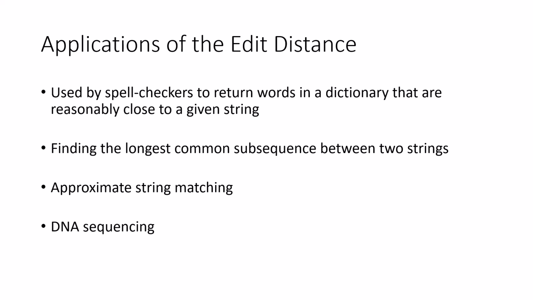And then another application is in DNA sequencing. So in biology, you are probably aware of DNA, which consists of a bunch of different nucleobases: G for guanine, C for cytosine, T for thymine, and A for adenine, and those make the building blocks of life, really.